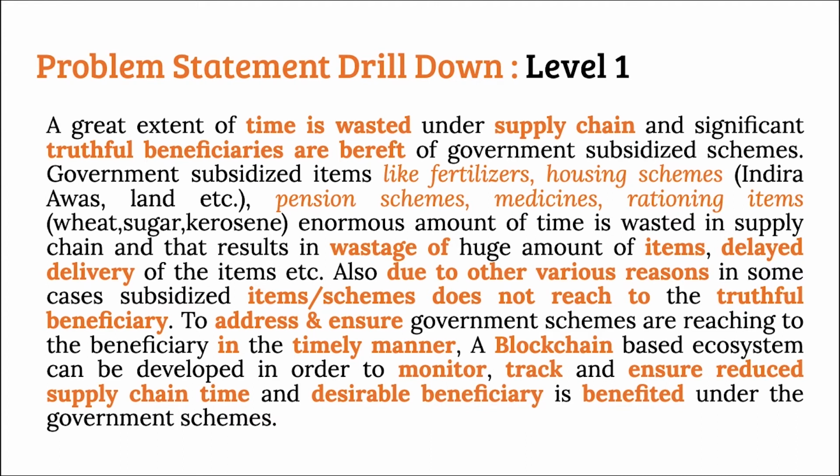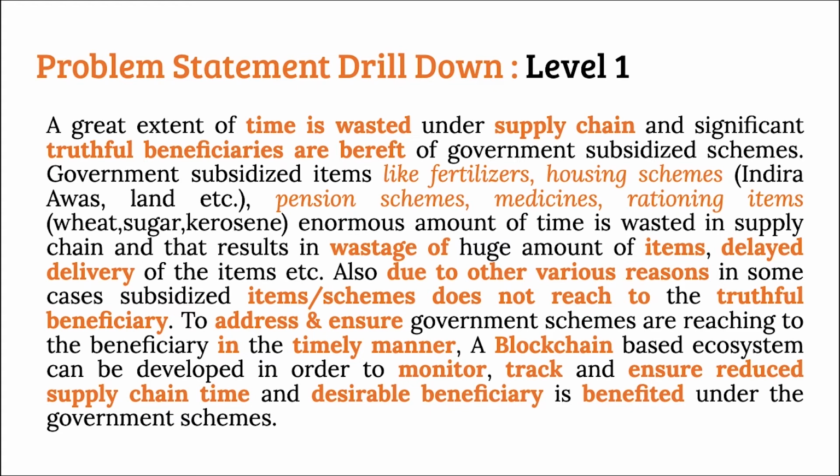So in order to ensure that government schemes are reaching the beneficiary in a timely manner, we are proposing a blockchain based ecosystem that is developed in order to monitor, track, and ensure reduced supply chain time, and that the desirable beneficiary is benefited.